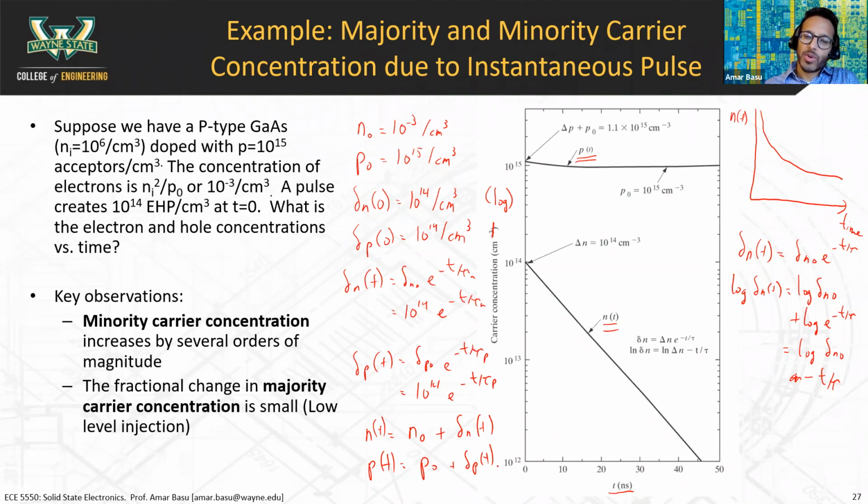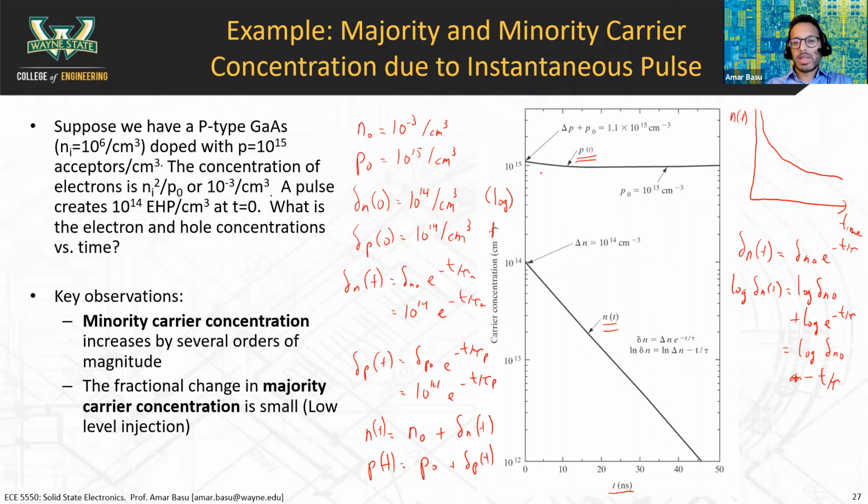But the majority carrier concentration, which is the holes, only changes by a small amount. Let me rephrase that. The excess hole concentration is not that much larger than the original hole concentration.